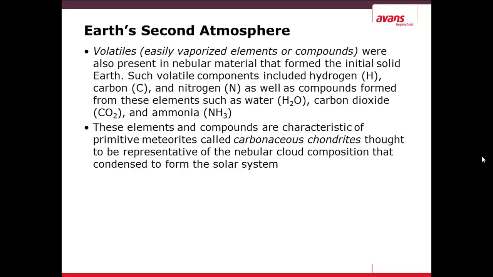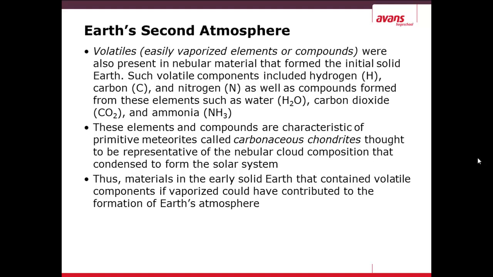These elements and compounds are characteristics of primitive meteorites, which we've encountered through our history, called carbonaceous chondrites. These are thought to be representative of the nebular cloud composition that condensed to form the solar system. Therefore, materials in the early solid Earth that contained volatile components, if vaporized, could have contributed to the formation of Earth's atmosphere.